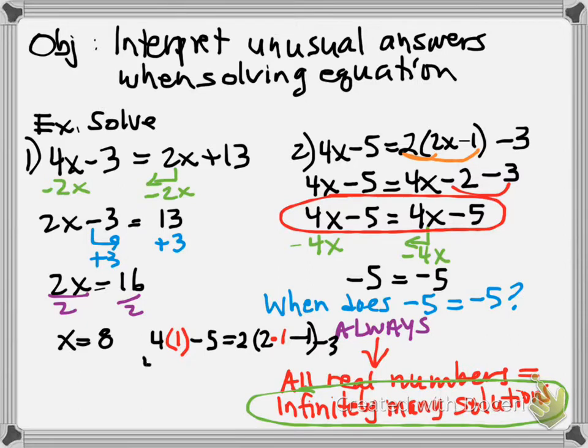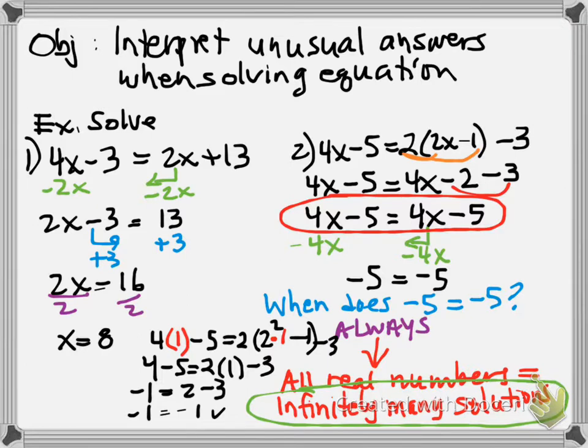So I get 4 times 1 is 4 minus 5. Over here I get 2, and in the parentheses 2 times 1 is 2. 2 take away 1 is 1. 4 take away 5 is negative 1. And I get 2 take away 3. And that gives me negative 1 equals negative 1. That's true. So 1 works.